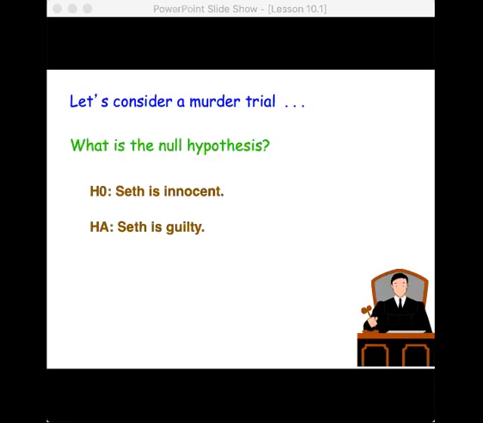All of that is getting less and less likely to have just happened by chance if Seth is still innocent, right? So what happened is we went from the initial assumption, Seth, you're innocent, to gathering evidence, and there was enough evidence that made us jump to the alternative that Seth is guilty.